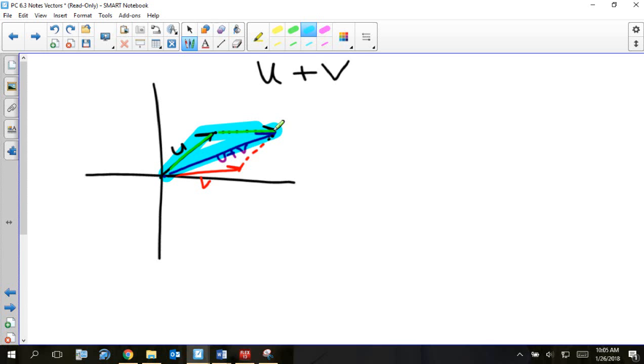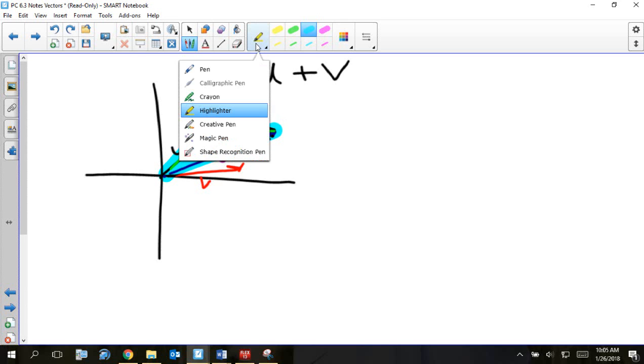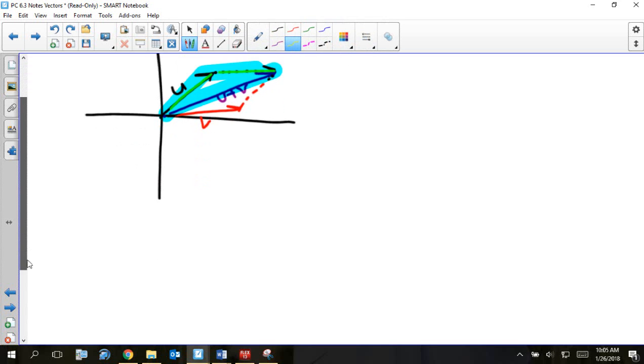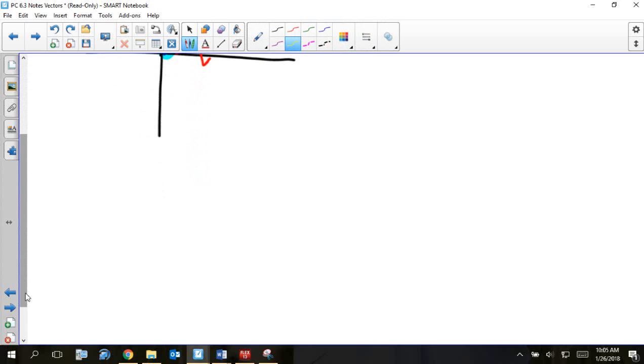Can you explain how you graph these one off of the other? So when we are graphing these, they're giving us component form. Component form is not the vector itself. I'm going to make up some numbers, 3, -4.